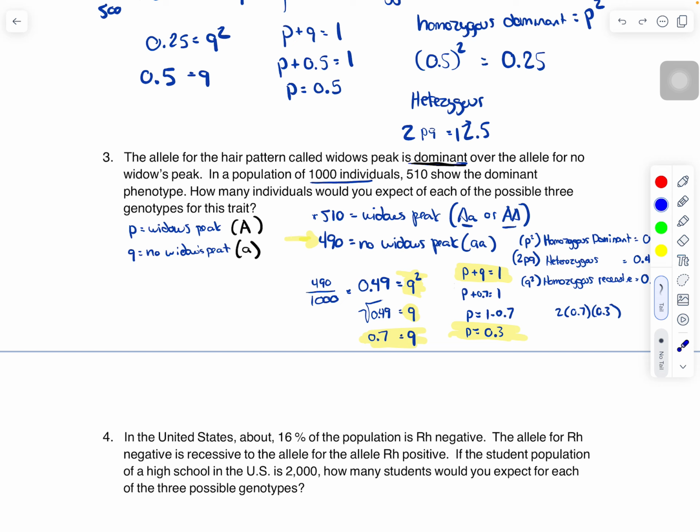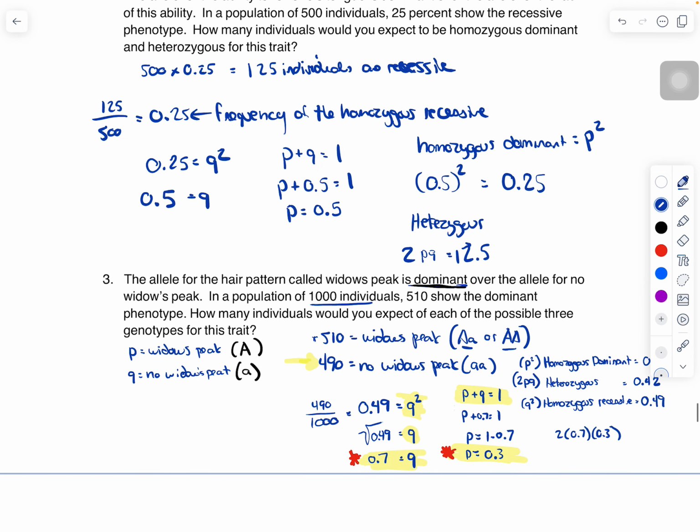So q represents 70% of the alleles. 70% of them are q. Once I know that, and I remember that p plus q equals 1, p is very easy to figure out: 1 minus 0.7, which is 0.3. So now I've got two key things: I've got q, and I've got p. Once I have those, the rest is really easy.